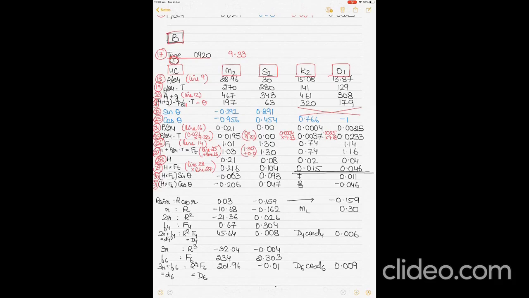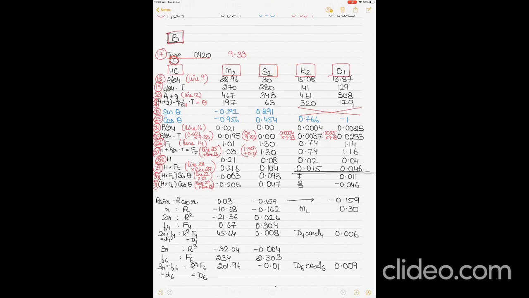The value of sine theta and cos theta is there in line 22 and 23, and the value of H by FT is there in line 29. So line 29 multiplied by line 22, and line 29 multiplied by line 23 will give you the answers.